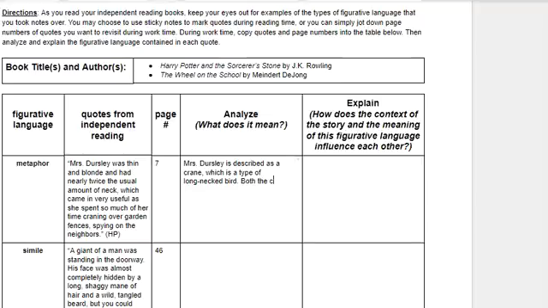Both the crane and Mrs. Dursley have long necks. I'm going to address the author by name.